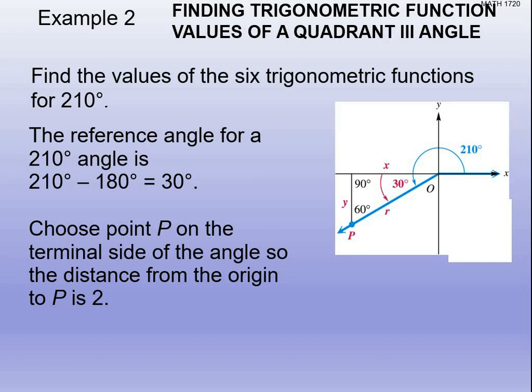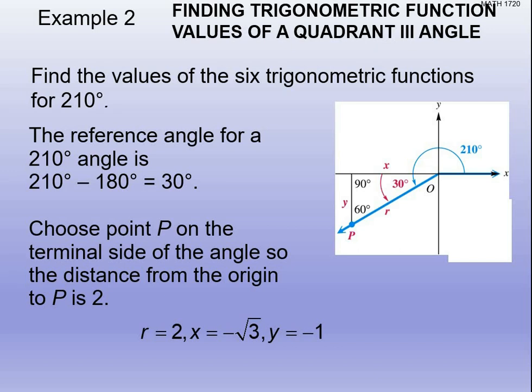But because of the quadrant we're in, that x value will be a negative square root of 3. The y value is across from the 30, so the y is going to be 1. But since we are in the third quadrant, the y value has to be a negative 1 because it's going down. So x and y are both negative quantities for this example.